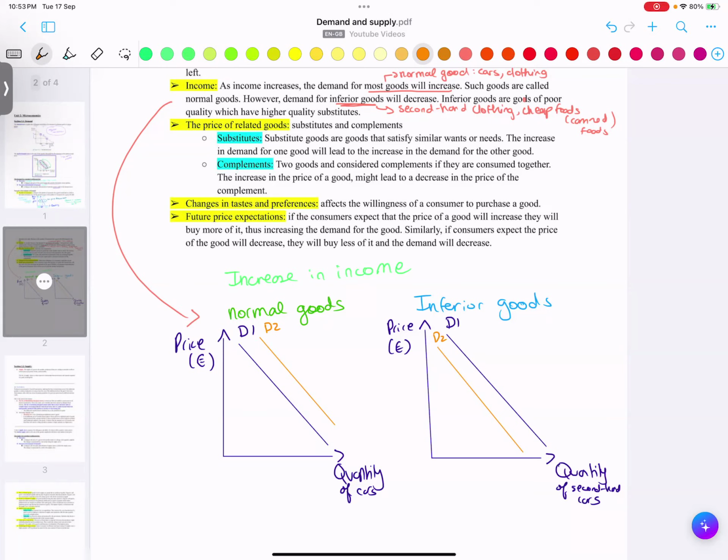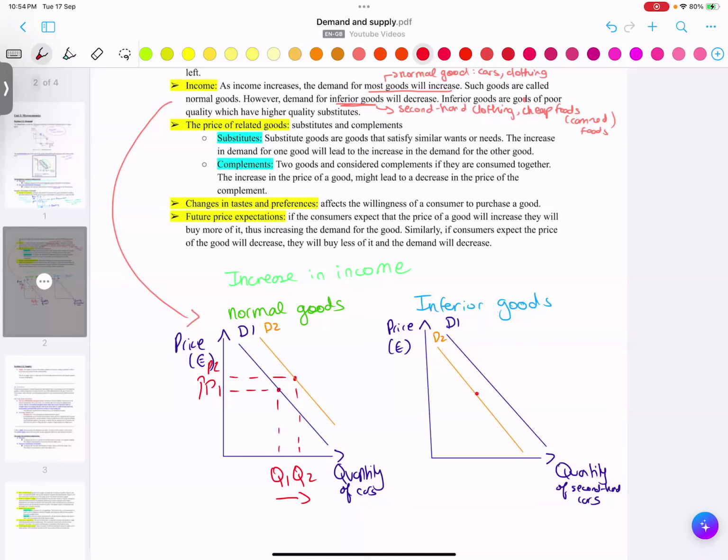So what ends up happening is here you have Q1, P1, here you have Q2, P2. So as you can see, there's also an increase in price, which is why I talked about increase in price as well. So increase in price and increase in quantity, right?